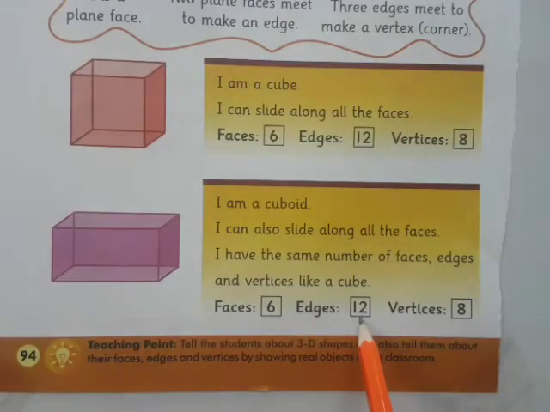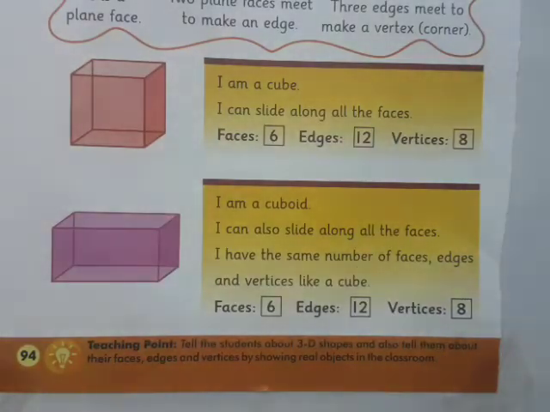It has 12 edges. And how many vertices does it have? Vertices means corners. 1, 2, 3, 4, 5, 6, 7, 8. It has 8 vertices.